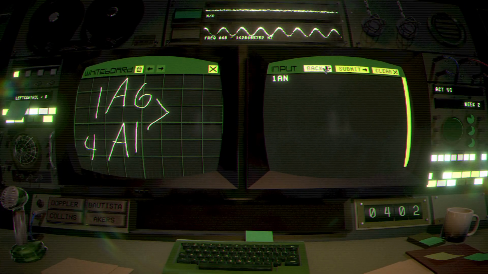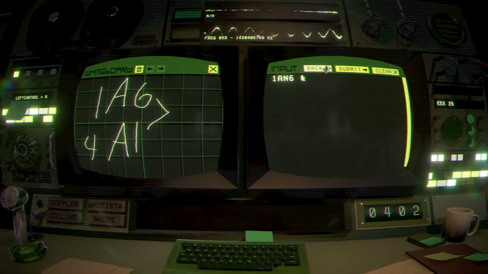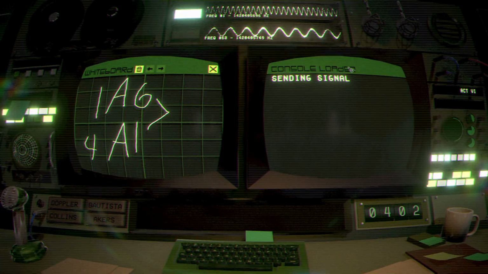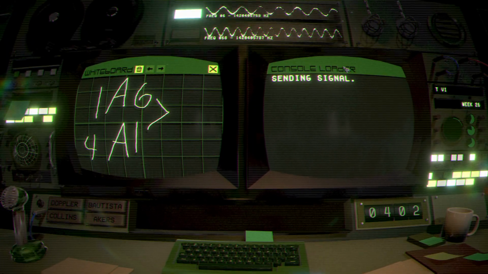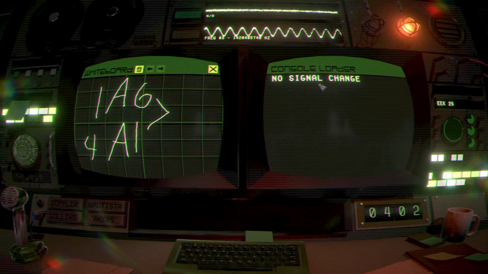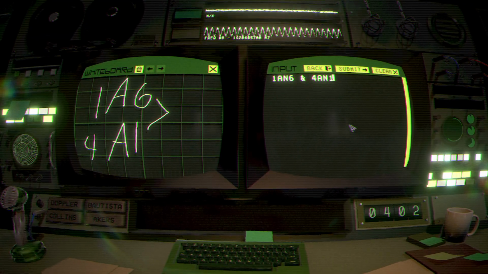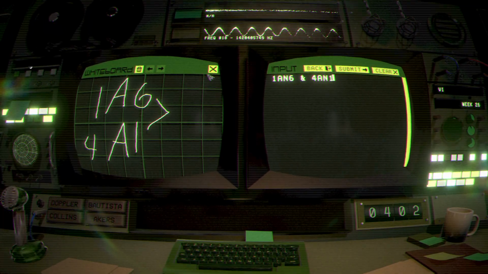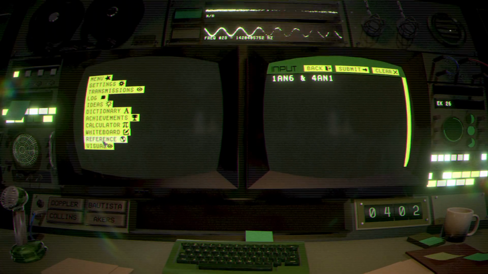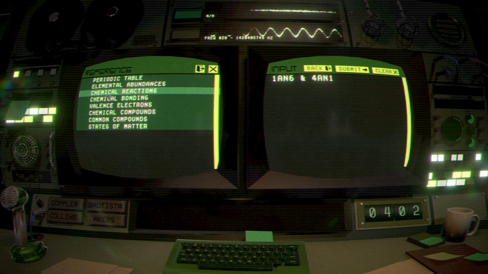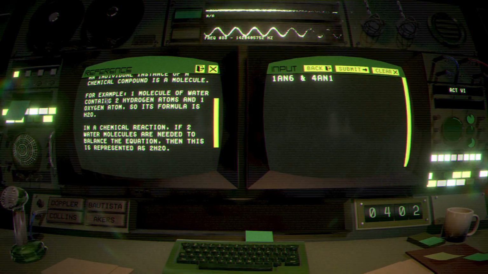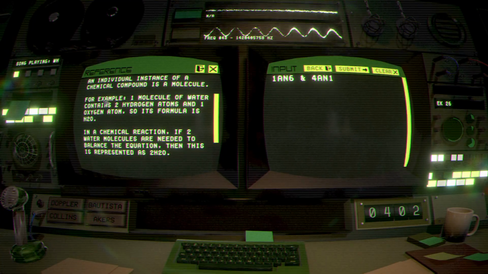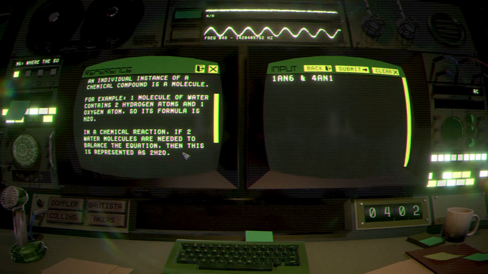1 AN6 and 4 AN1. No. Yeah, I think it turns into something. I don't remember how to do chemistry math though. Chemical compounds. H2O.